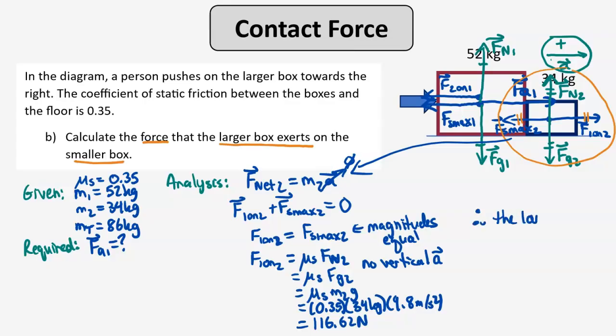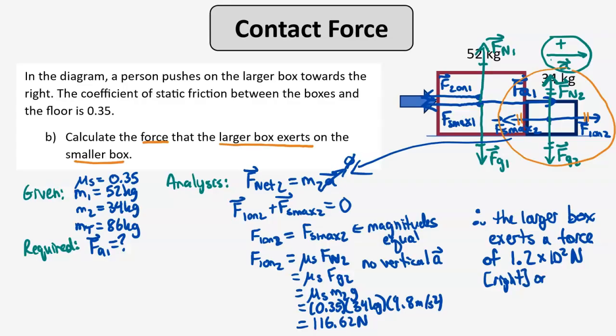So now we can conclude. Therefore, this is the force that the larger box exerts on the smaller box. So therefore, the larger box exerts a force of 2 significant digits, so 1.2 times 10 to the 2 newtons, forwards or to the right on the smaller box. Again, because we said to the right was positive, if you said forward, that would have been fine as well.